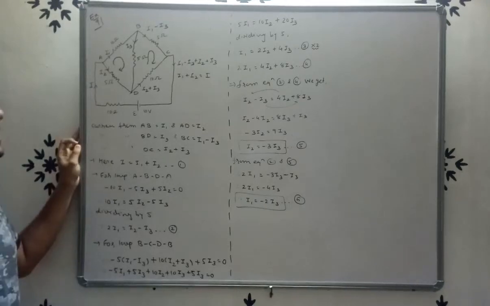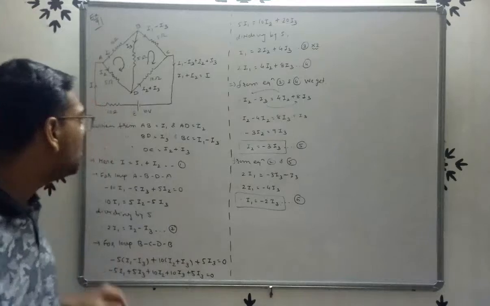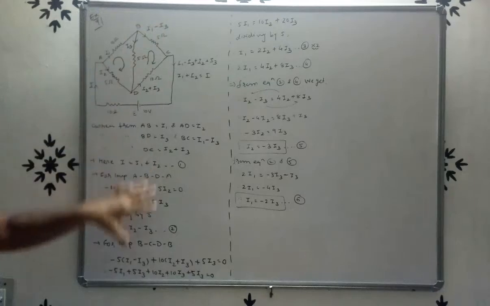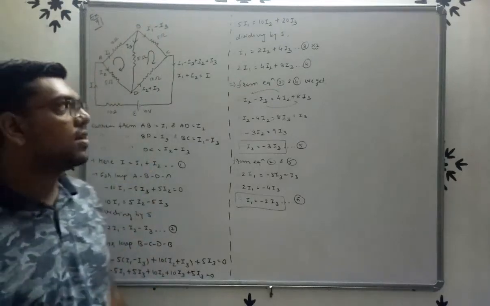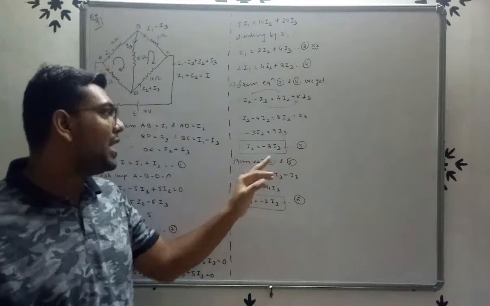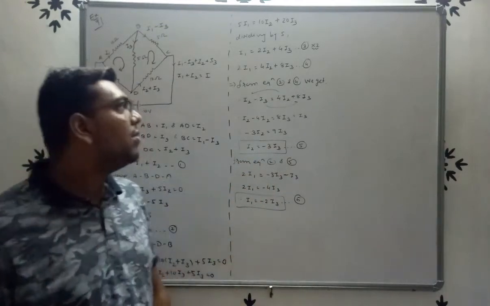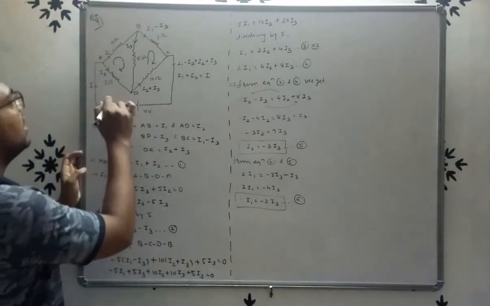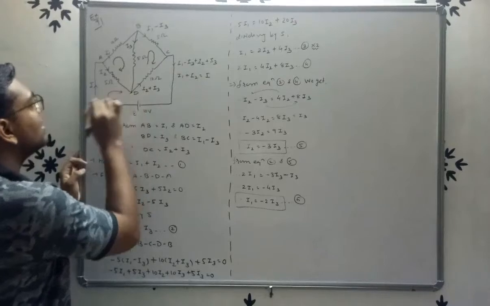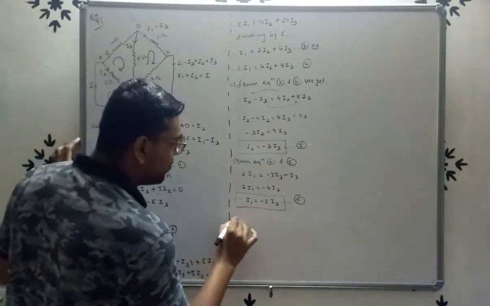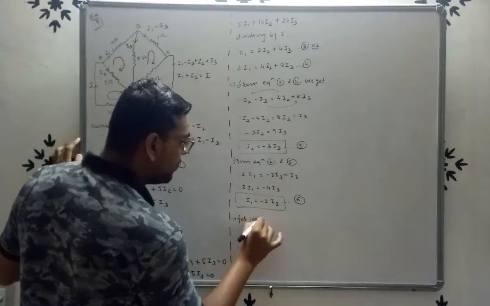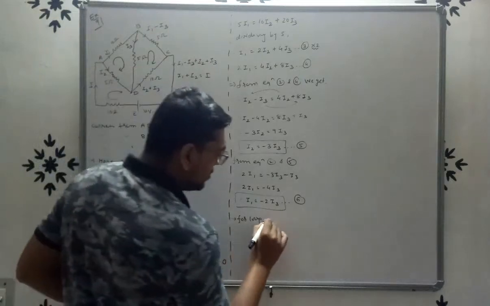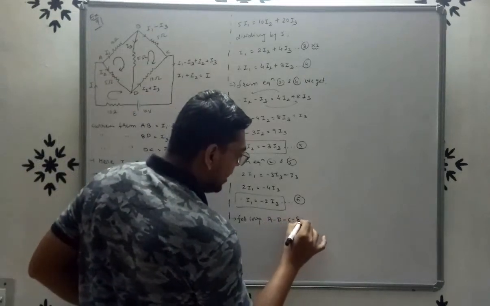So here we apply Kirchhoff's loop rule for two loops, first A, B, D, A and B, C, D, B. Now we apply Kirchhoff's loop rule to another loop, that is this outer loop, and we take the clockwise direction like this. So for loop A, B, C, E, A.